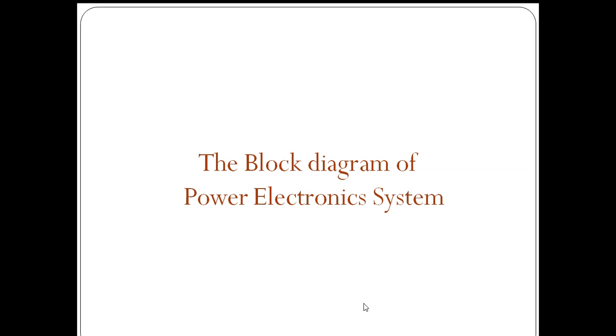Block diagram of a power electronic system. What are the different blocks present in a power electronic circuit and how do we operate it? We are going to see this block diagram.